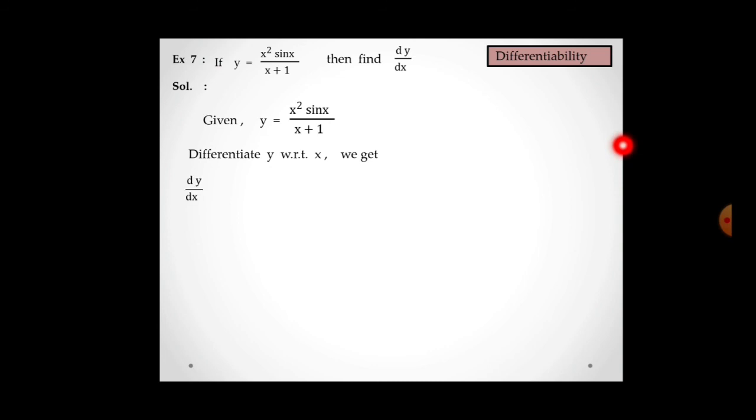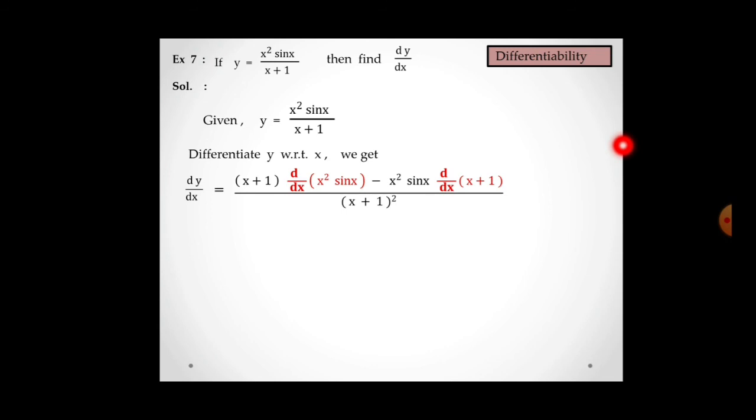Here I am not recalling that formula directly, I am following that formula. dy by dx is equal to, denominator is x plus 1. Write first x plus 1 using the bracket, because it is not a single function, it is an addition x plus 1. Then write d by dx of x square sin x minus x square sin x as it is d by dx of x plus 1, and divided by x plus 1 whole square.